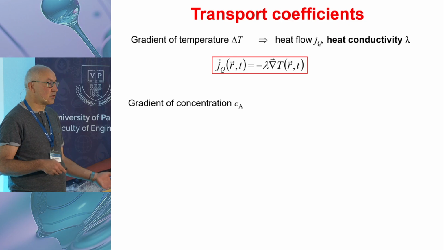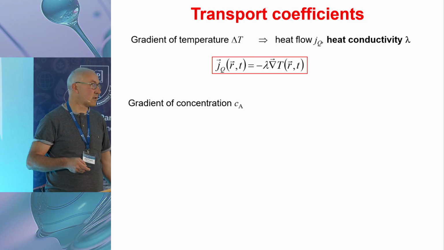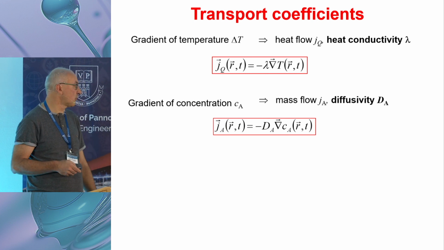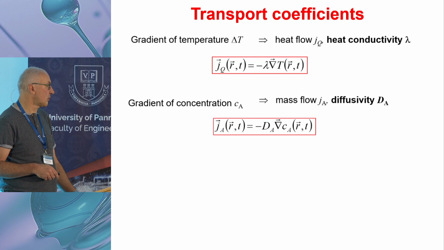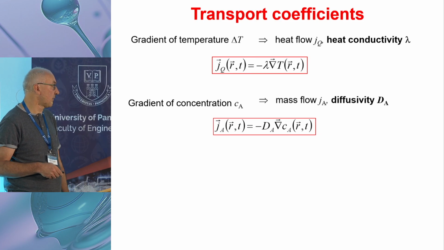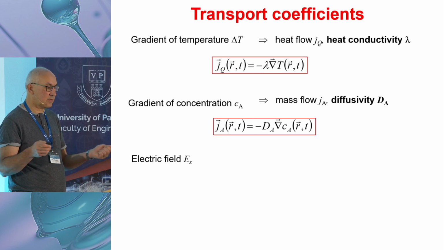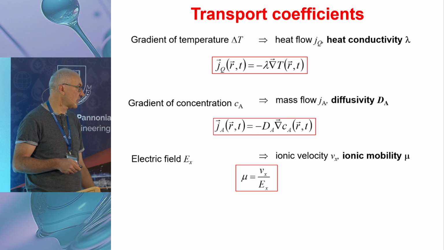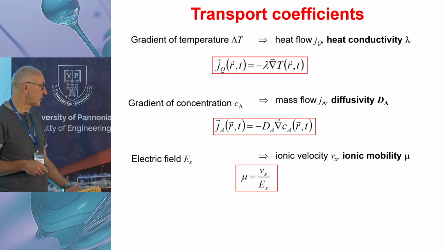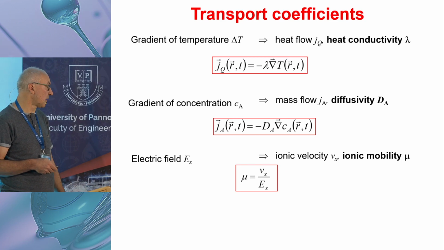If you have a gradient of concentration between two places, you have mass transport. The particles move from one location to the other, and the proportionality constant is called the diffusivity. If you apply an electric field to a solution with ions, the ions will move at some velocity, and the ratio of the velocity to the magnitude of the electric field is called the ionic mobility.